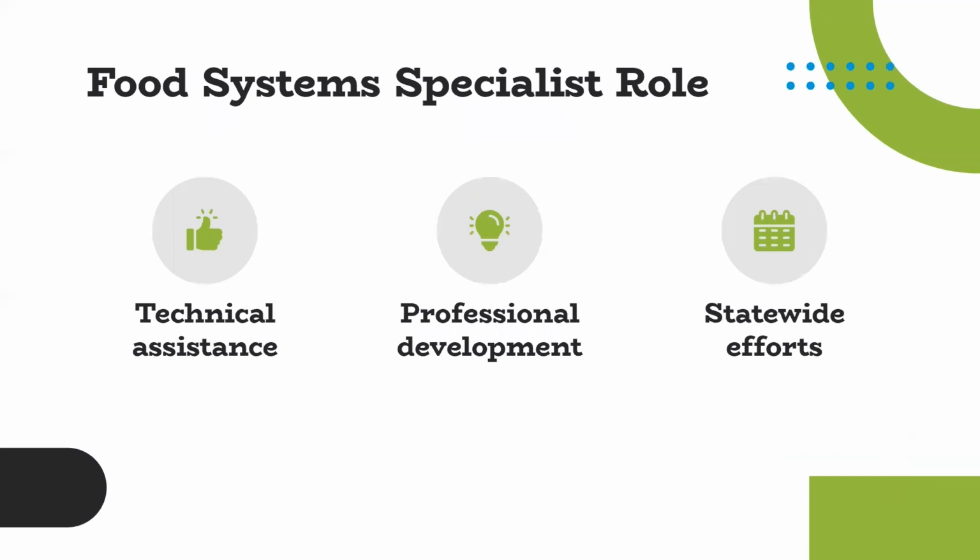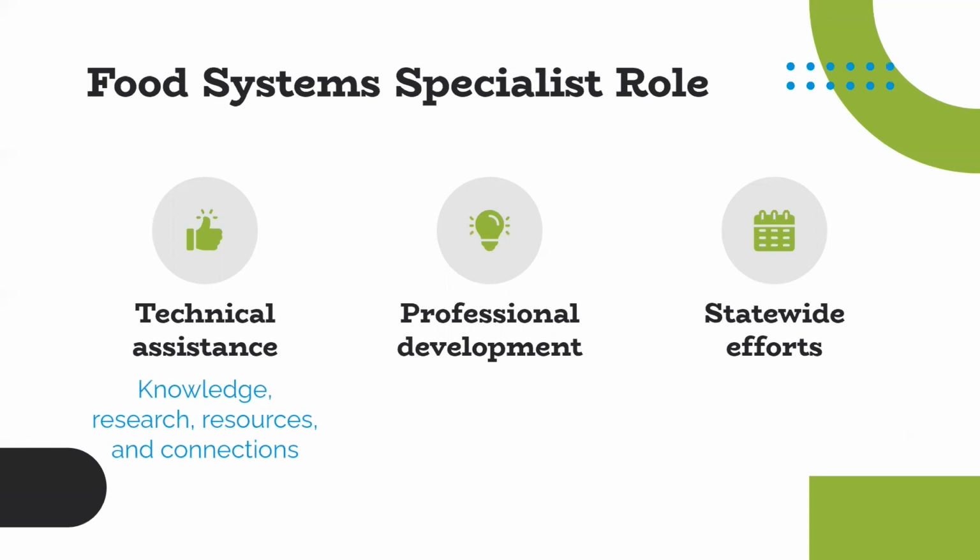The role of the food systems specialist includes technical assistance, professional development, and statewide efforts. The specialist provides food systems knowledge on best practices, research, resources, and connections to other experts.